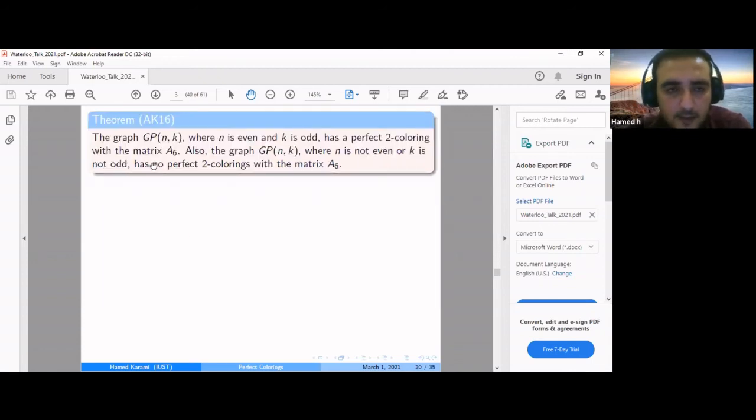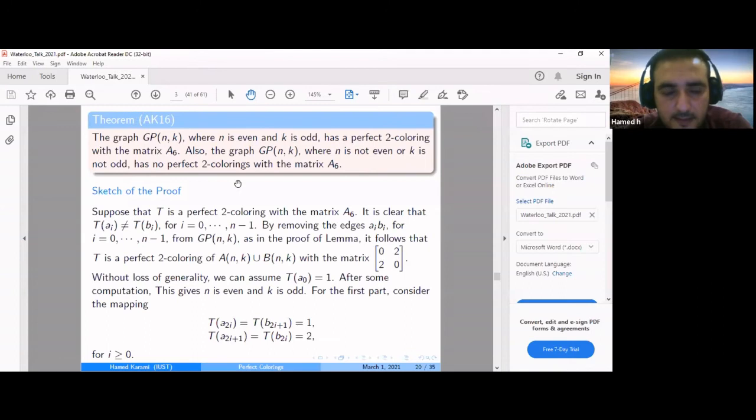And this is another theorem whose proof is similar to the lemma. The graph GP(n, k), where n is even and k is odd, has a perfect two-coloring with the matrix A6, although the graph GP(n, k), where n is not even or k is not odd, has no perfect two-coloring with the matrix A6. Suppose that T is a perfect two-coloring with the matrix A6.